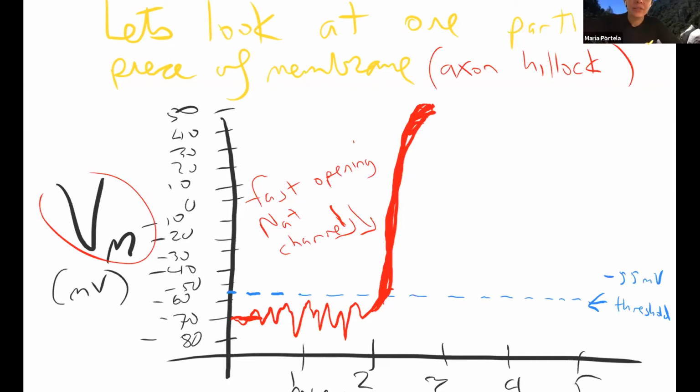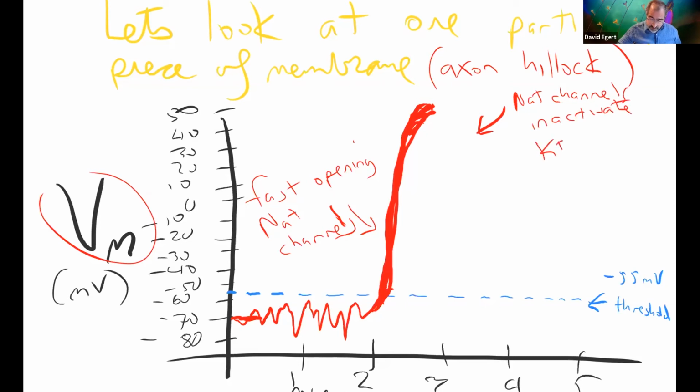The potassium channels open, and the sodium channels close. They get inactivated. So now we have a really high potassium conductance and no sodium conductance.